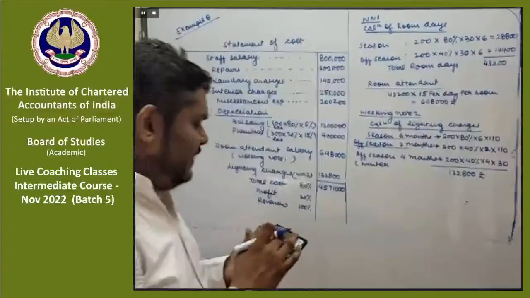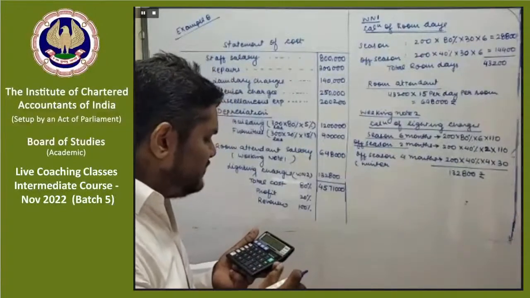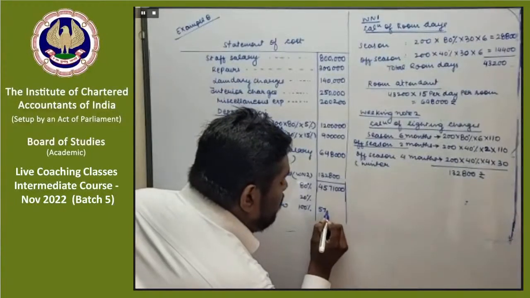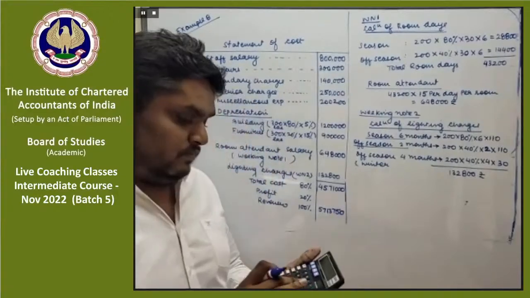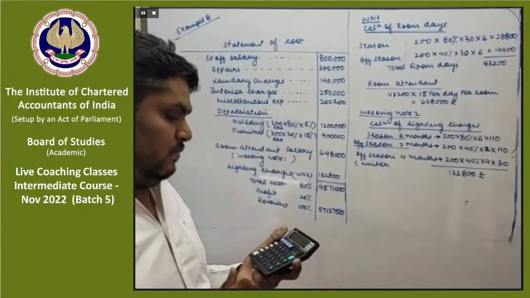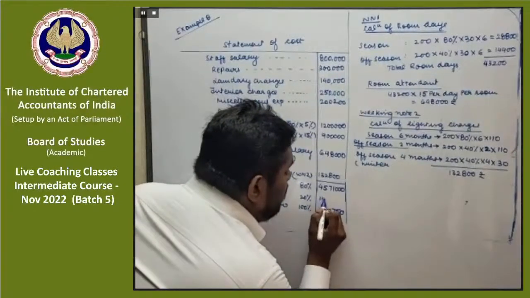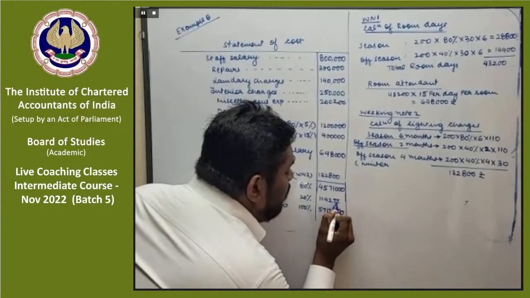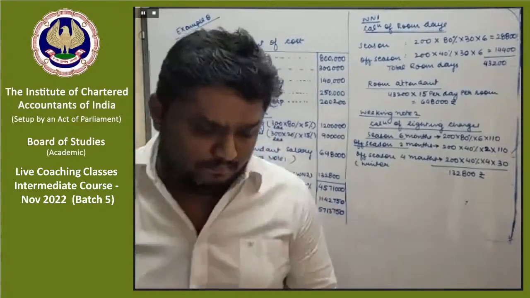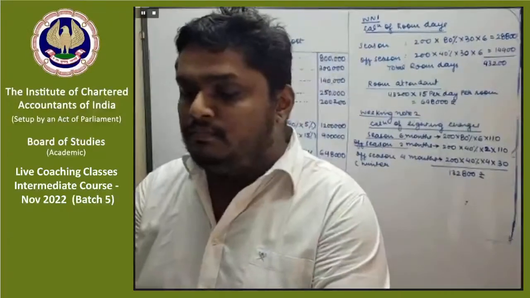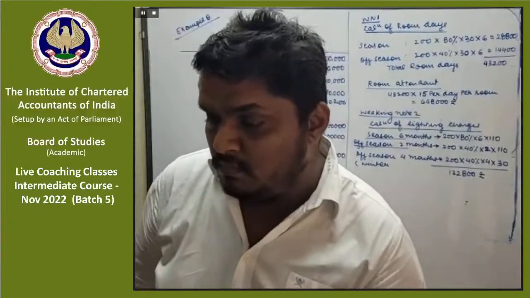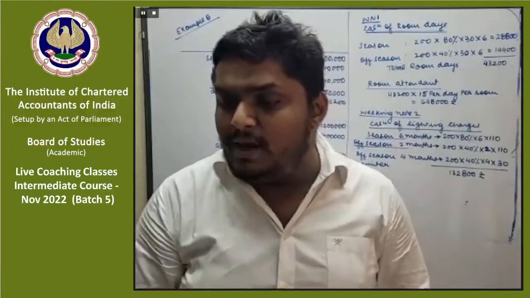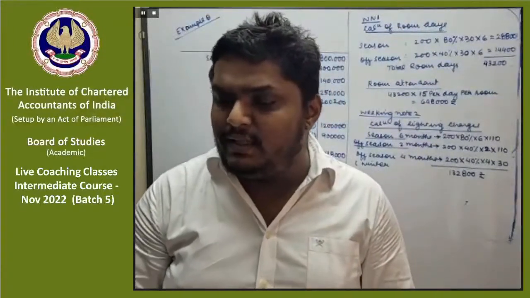So how much will be 100%? 57,13,750. Please check, Sushil Kumar. The total cost is 45,71,000.